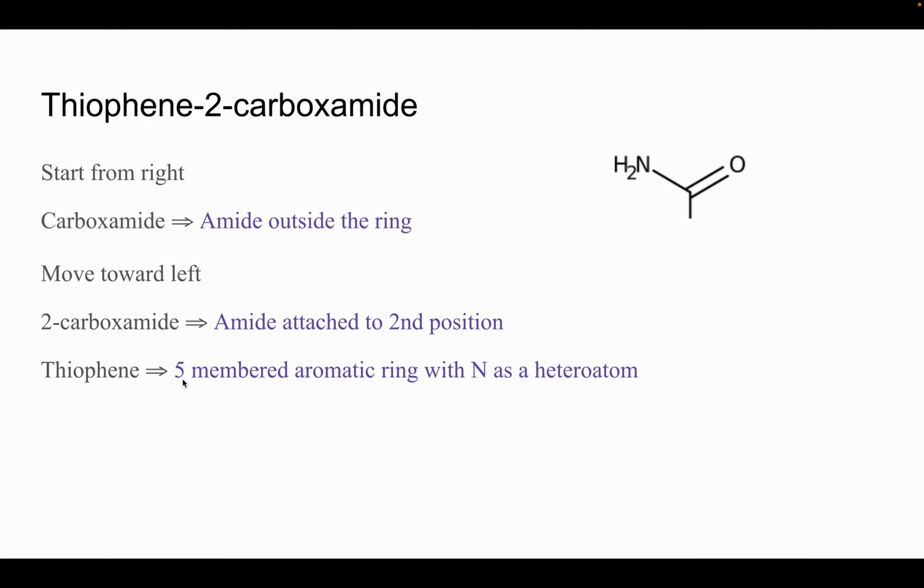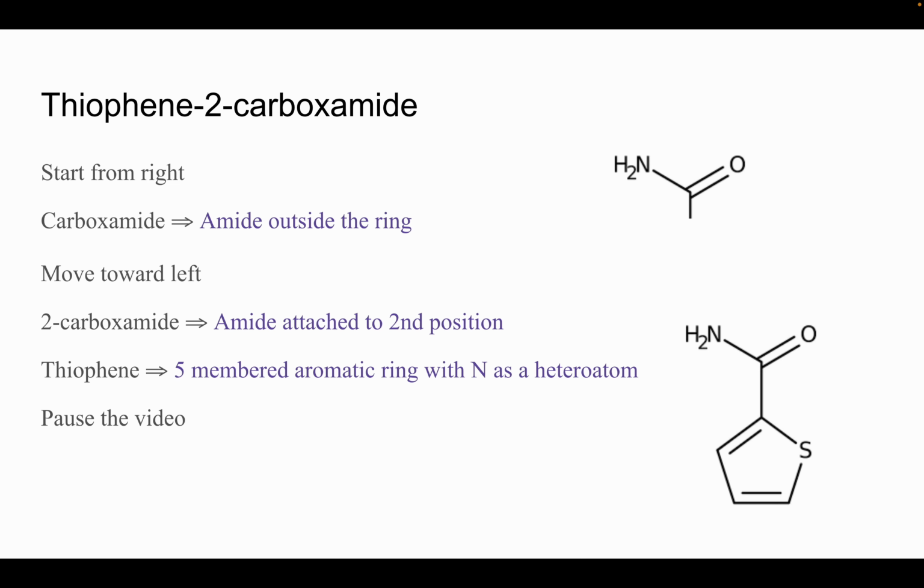Thiophene is a 5-membered aromatic ring with sulfur as the hetero atom. You can pause the video and write the structure. Now you got the idea of how to start. So the structure is this. This is thiophene, and at the second atom there is an amide. This is the structure of thiophene 2 carboxamide.